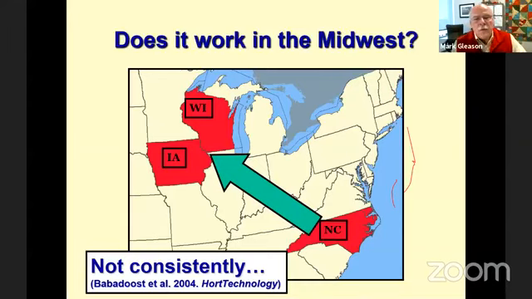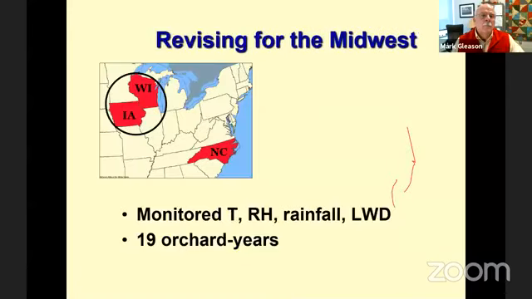So that told us that if we're going to use a weather-based warning system in the upper Midwest, we would have to change it. We would have to do something different. So we basically started over. We monitored a lot of weather conditions in many different orchards over several years in Iowa and Wisconsin.